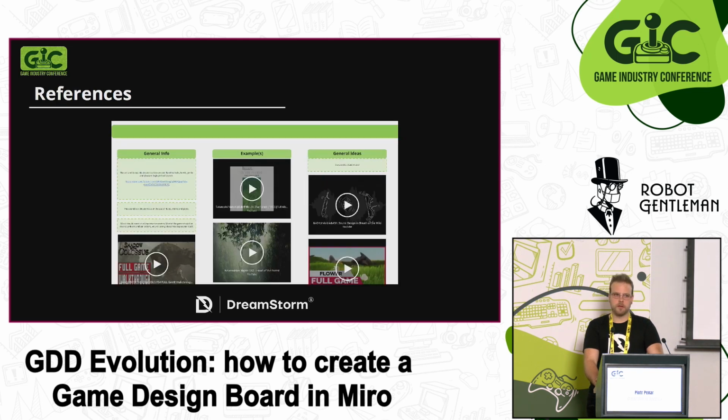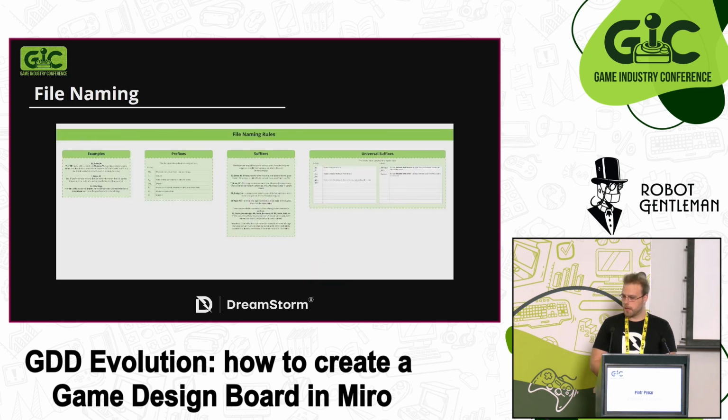In games, if it comes to, for example, audio, here we have a whole set of references together with the text that describes it, and you can play it without leaving this one tool. And we even included some details like file naming for the whole team as they progress down the board and read more and more.